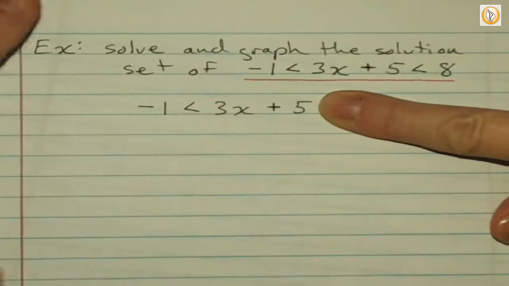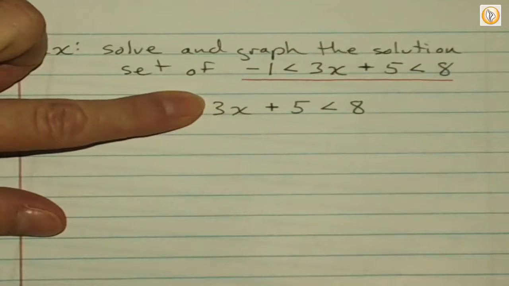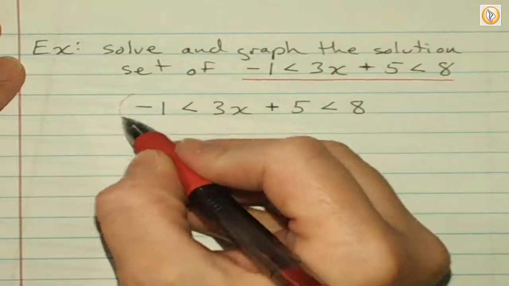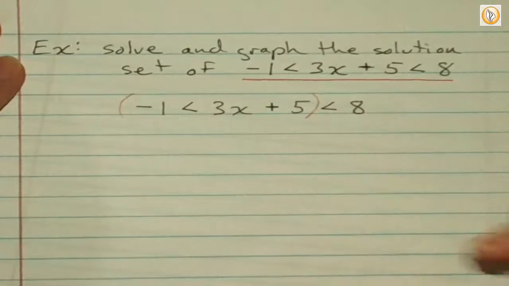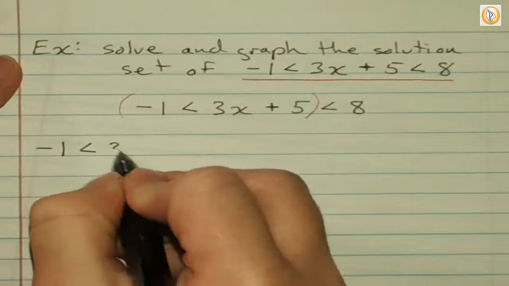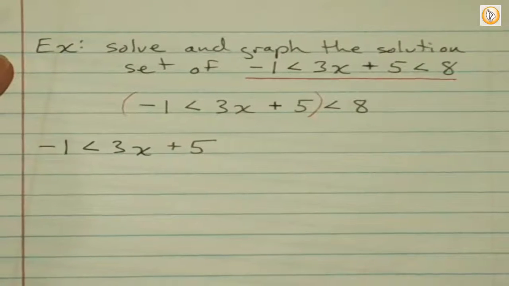Gabby, watch what I do. If I cover this up, do I have another one? Yes, ma'am. Y'all see that? So that's what we're going to do. I'm going to break it apart like that, and I'm going to write -1 is less than 3x plus 5. Y'all can too.